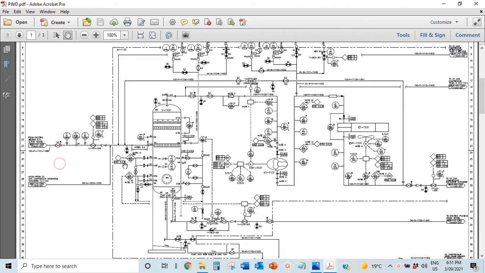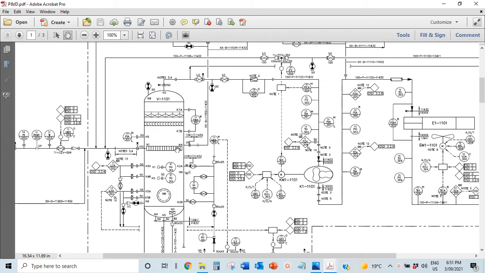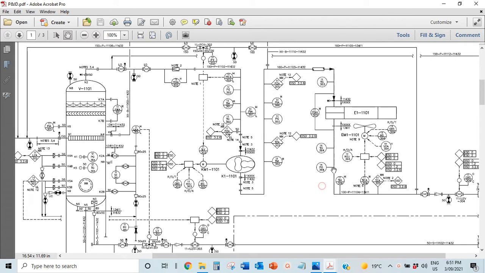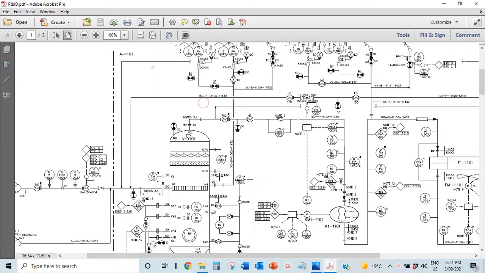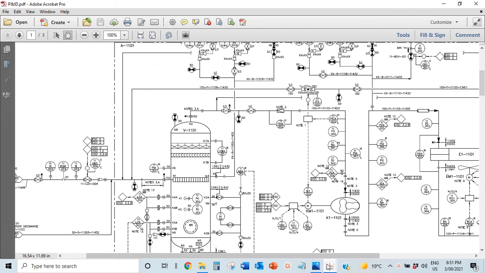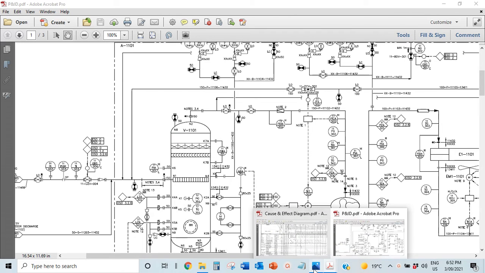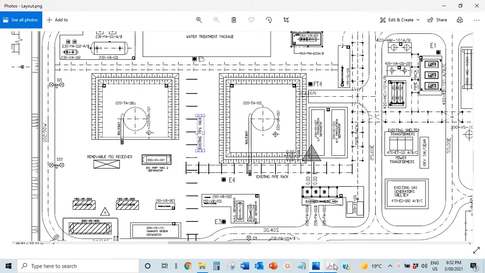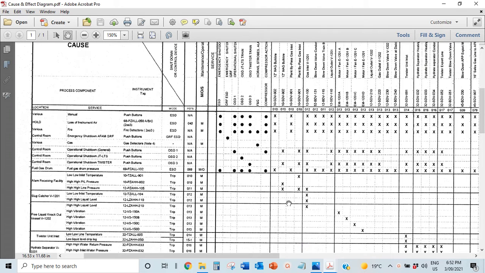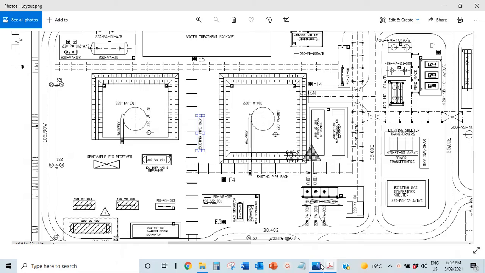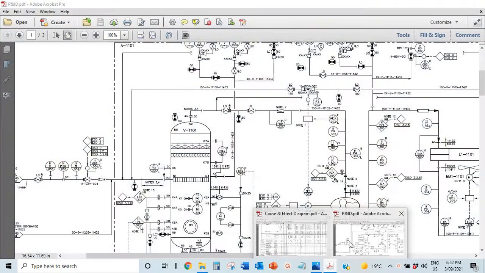This is a scrubber, a vertical vessel, this is a compressor, and this is a fan cooler. It's three P&IDs, and I'm going to talk about the layout, the P&ID, and also the cause and effects drawing. I'm going to try to link them all together.